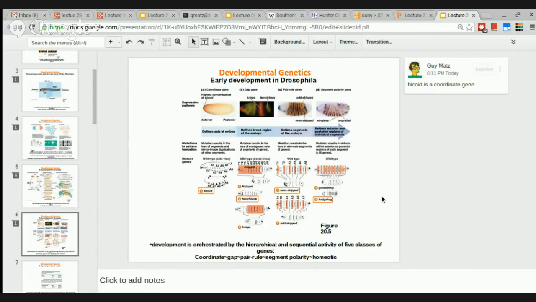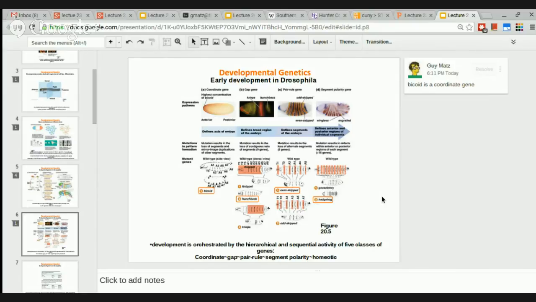You get broad territories that define, say, the first T plus A1 through A6 segments, or things that are expressed in the middle and at the end, hunchback and Knirps and others like giant. They have more complex patterns of expression. So how can you get that asymmetry as a result of the action of the coordinate gene? We're going to touch on that question.